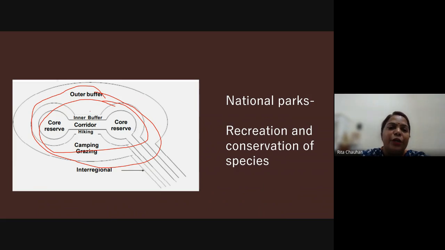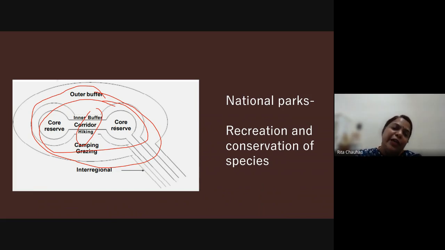Because if this corridor is affected, then animals cannot move from one place to another place. So if they will not move, then they are not going to reproduce. So to increase the population of an animal, there should be free movement from one place to another place in a secured area. So that's why we say it is a core reserve area.